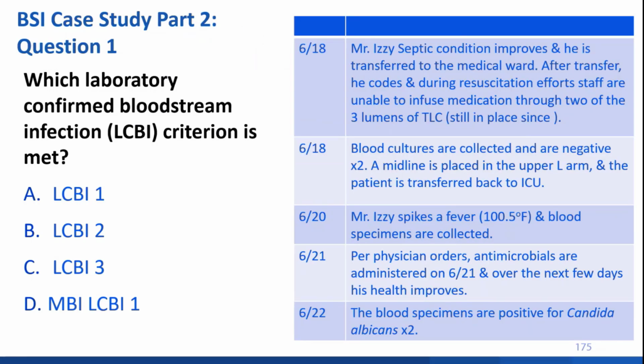So the first question here, which laboratory confirmed bloodstream infection criterion is met? Is it A, LCBI 1, B, LCBI 2, C, LCBI 3, or D, MBI LCBI 1? I'll give you a few moments here, but I am seeing an overwhelming A response from everyone. So I think we got this answer.